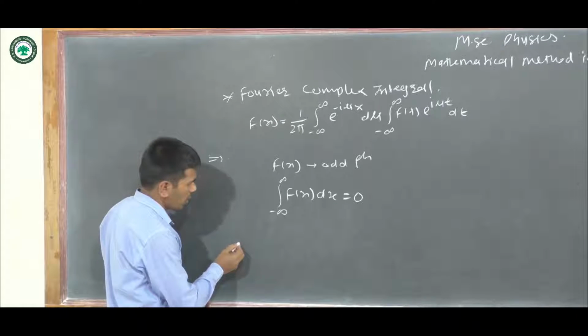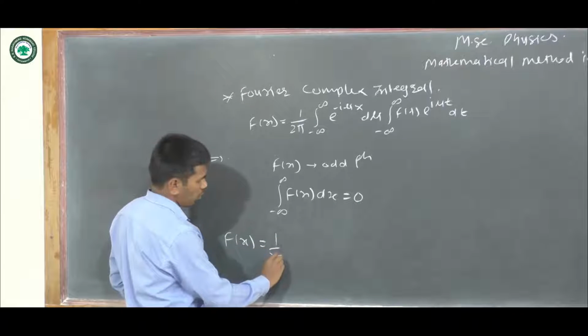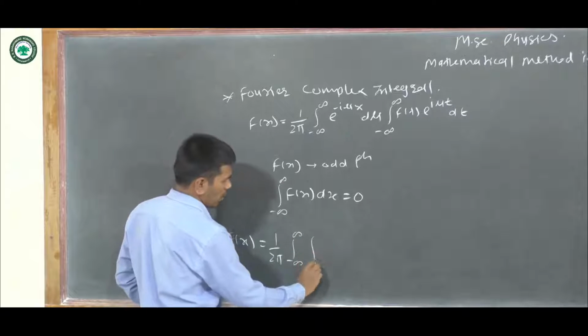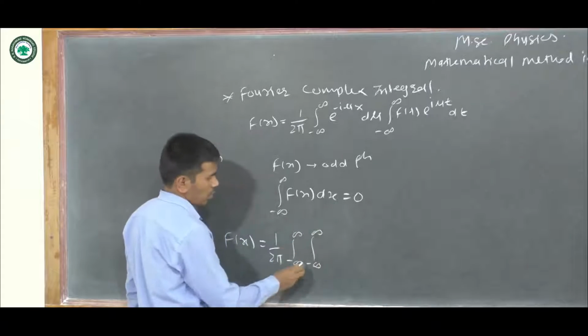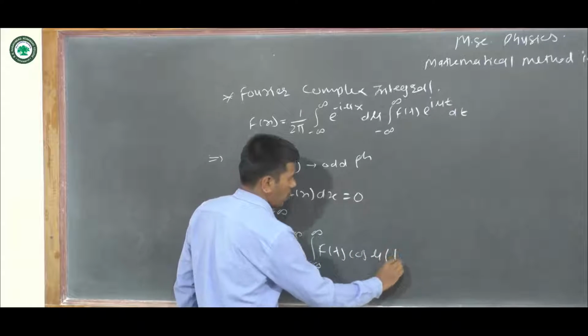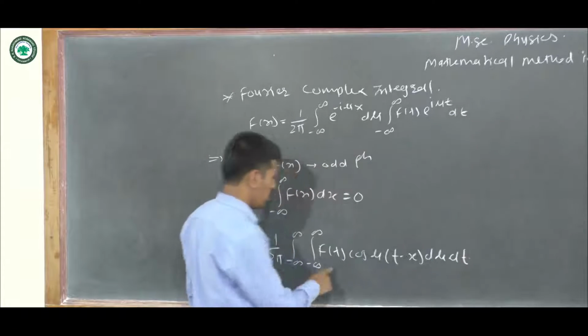We know the Fourier integral formula, that is f(x) = 1/(2π) ∫ from −∞ to +∞, and again ∫ from −∞ to +∞ f(t) cos u(t − x) du dt.